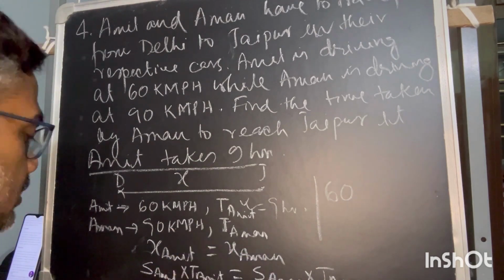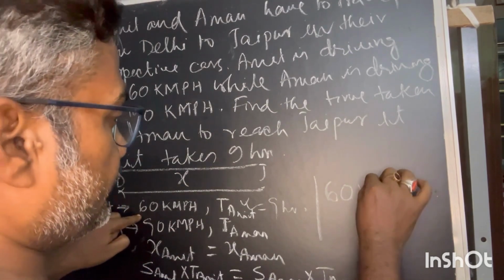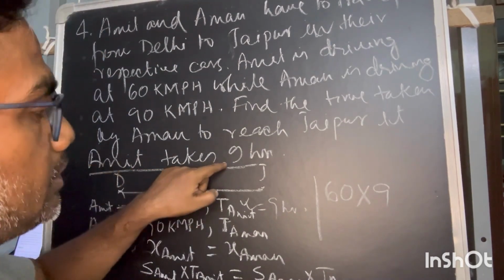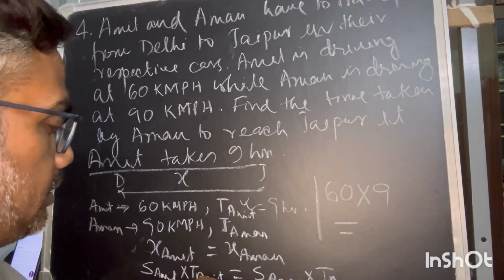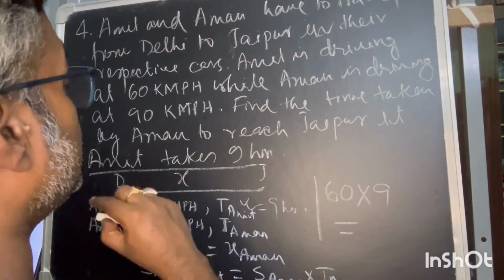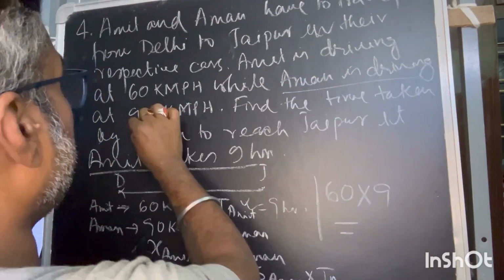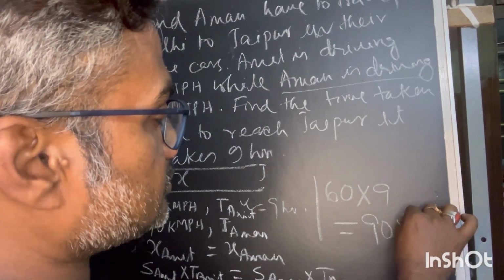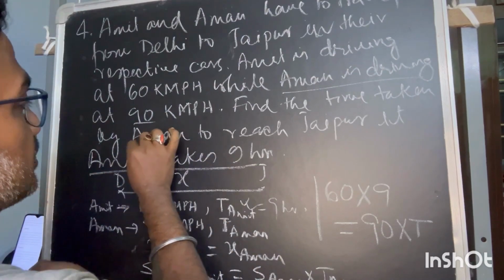Just follow me. So speed of Amit is 60. Time of Amit is known because this is already declared. This part is known, equal to speed of Aman. Aman is driving at 90 kilometers per hour. And time of Aman is not known. You have to find this Aman time. This is the requirement.